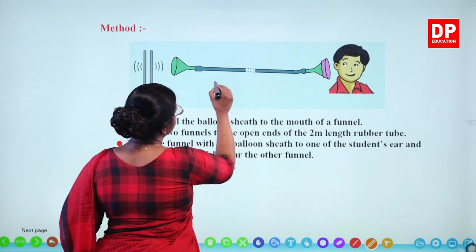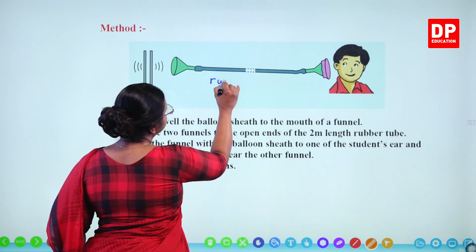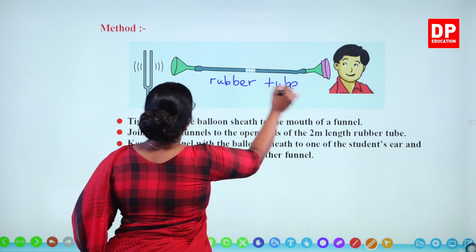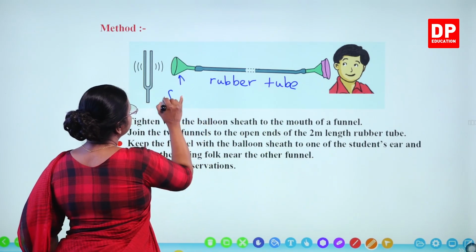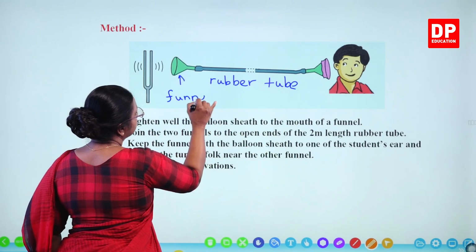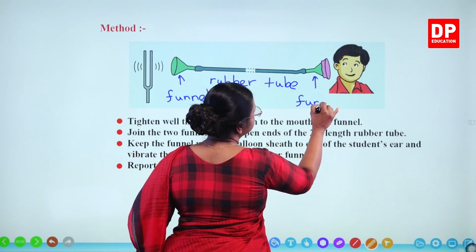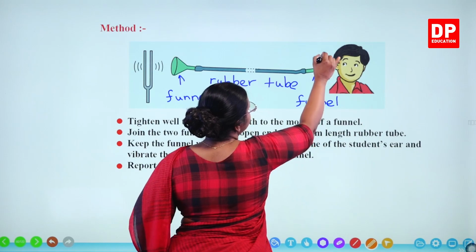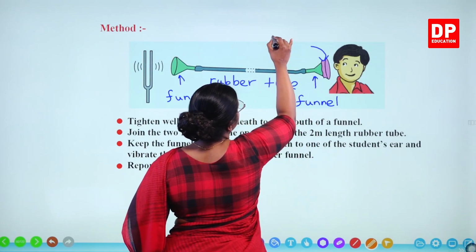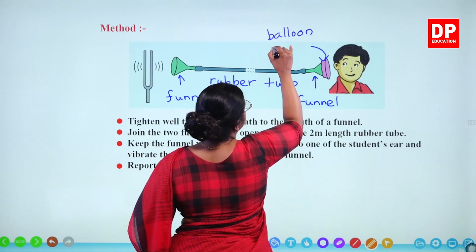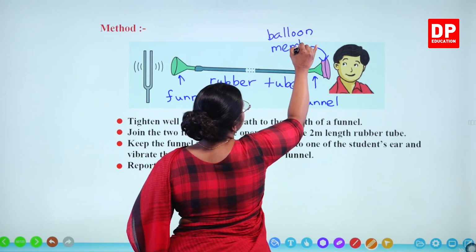Here you can see the rubber tube and the funnel there, and here also there is another funnel, and this funnel we have to cover with balloon membrane or balloon sheath.